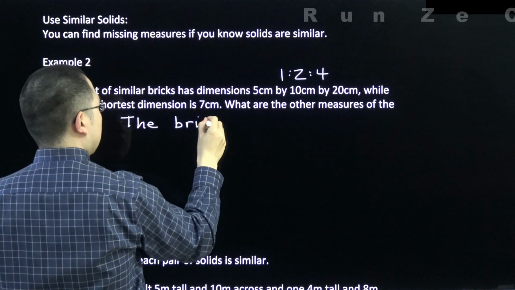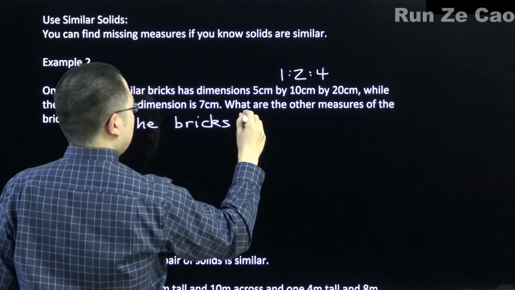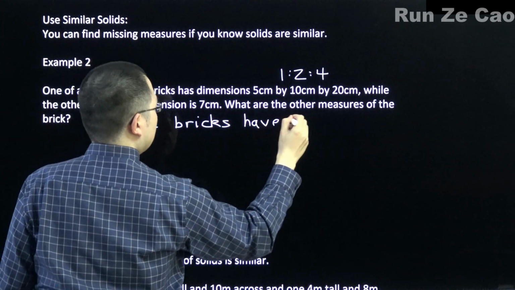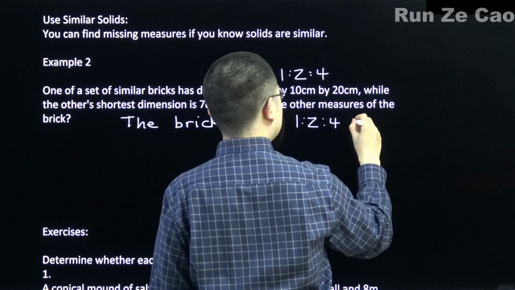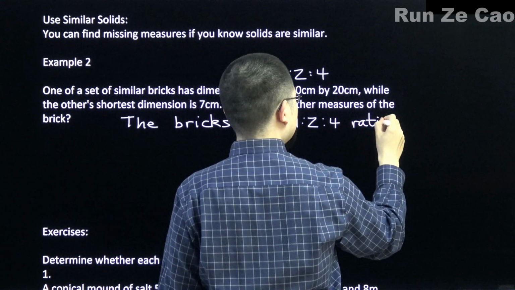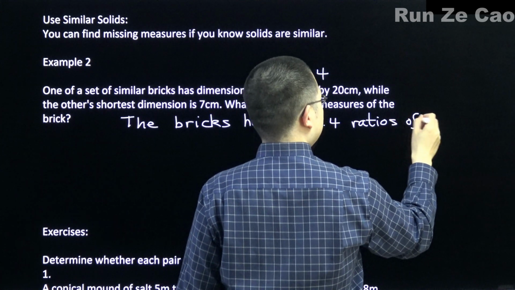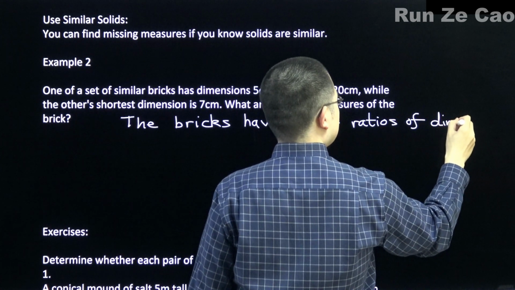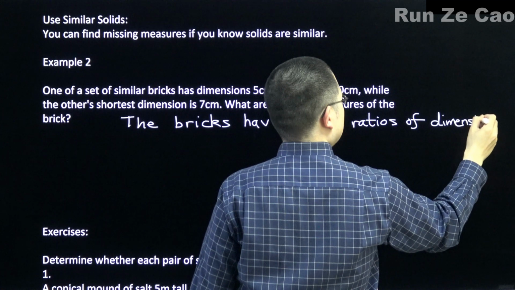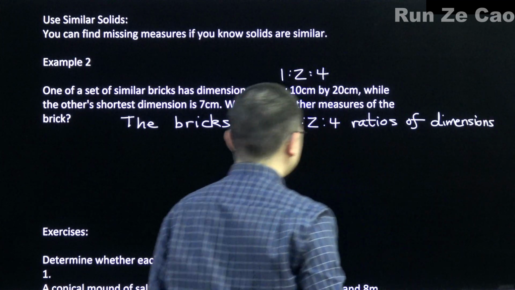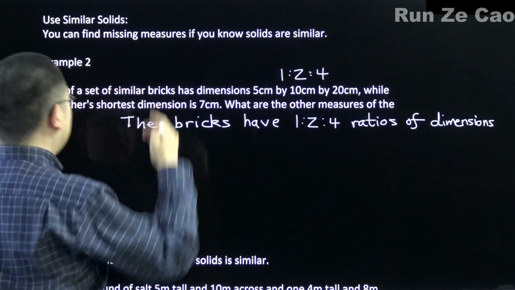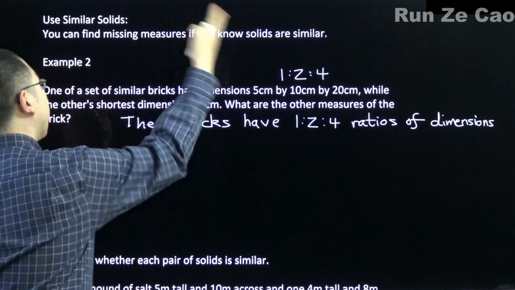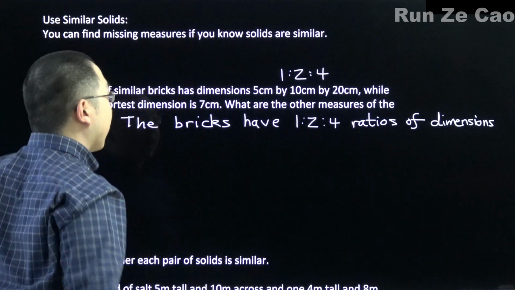The bricks have 2 to 4 ratios of dimensions. This is the way I would do it. I mean, sure, you can go 7 over 5 equals x over 10 equals y over 20, but why bother?